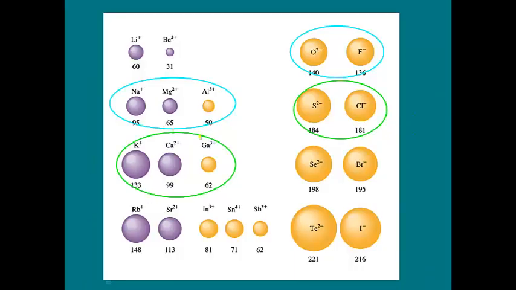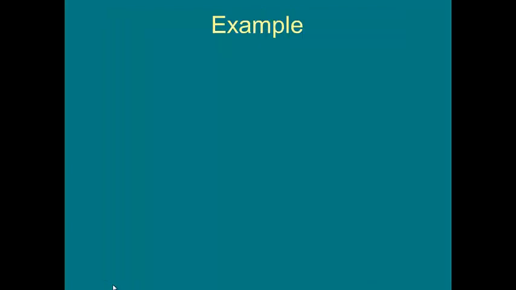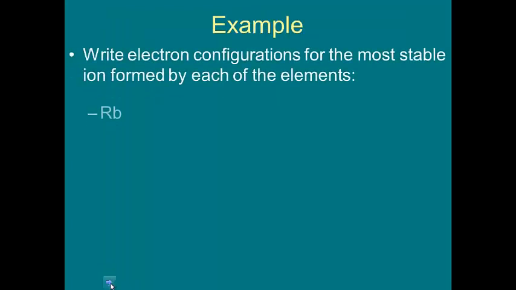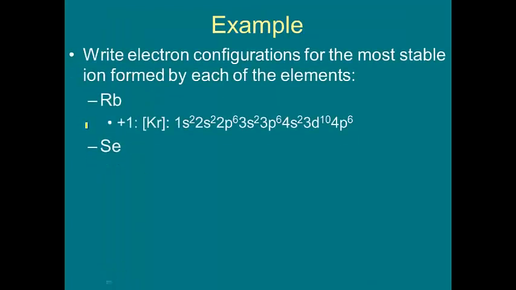This is showing you some comparisons of differences in sizes, where all of these have the same configuration. These are the actual radii on this slide, and these are all grouped as isoelectronic. Iso means same, electronic refers to electrons.